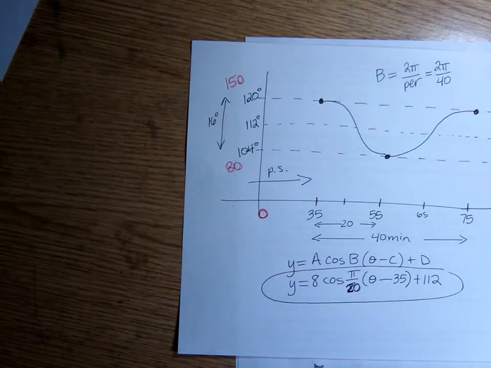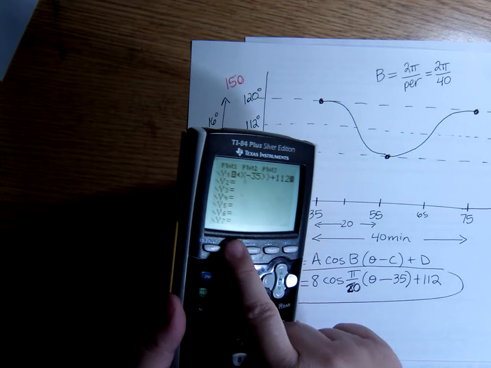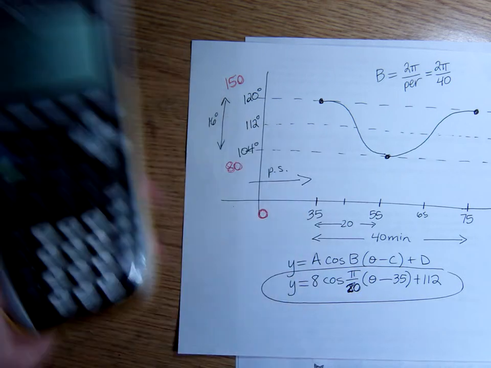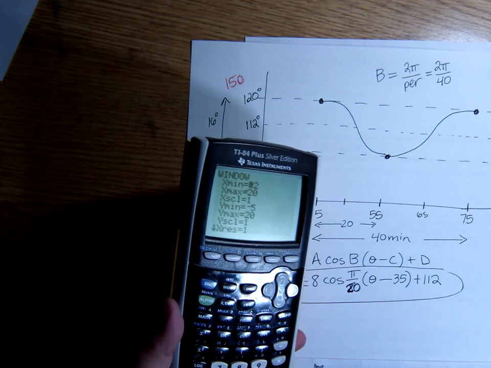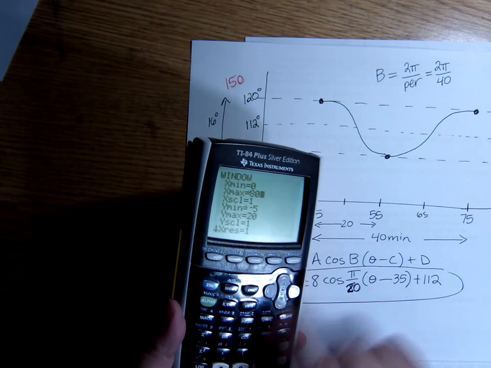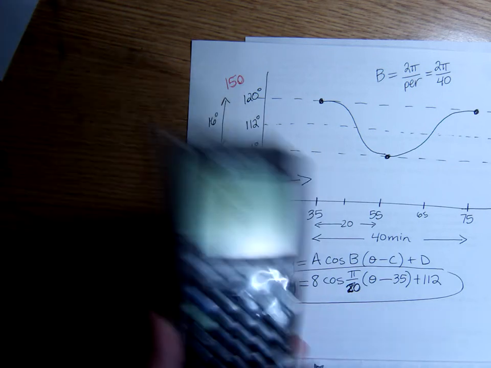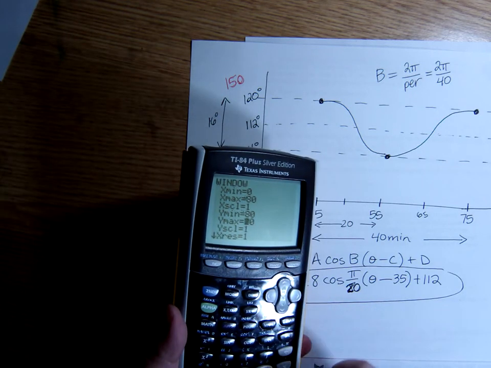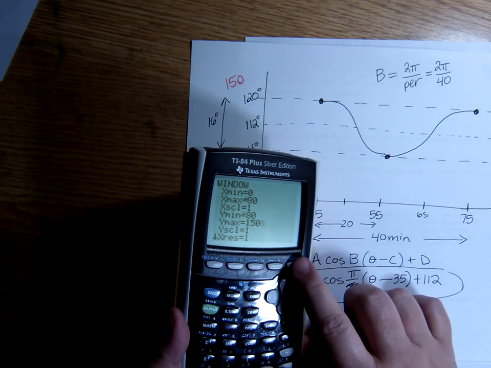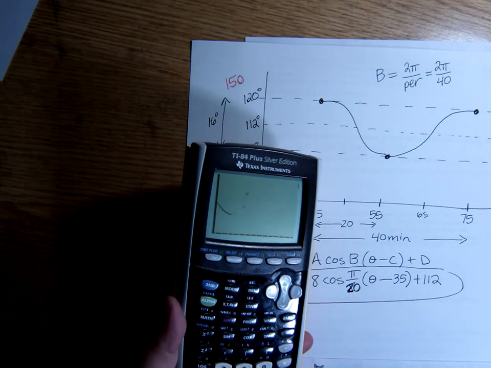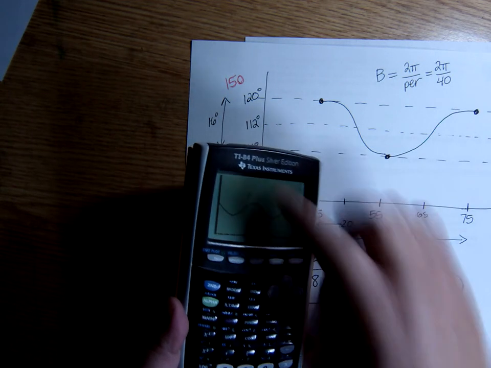So x min is 0, x max is 80. Y min is 80, y max is 150. For some reason I have something weird on here.